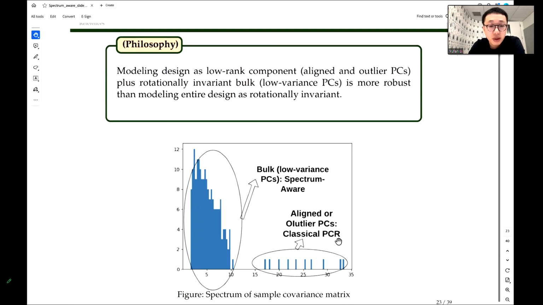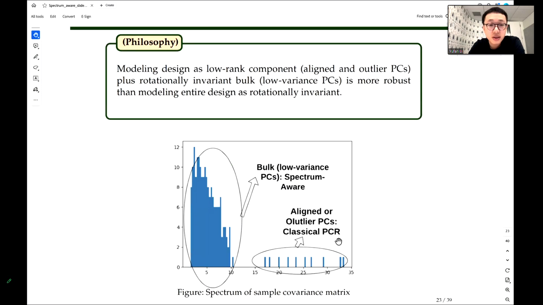The idea behind this kind of method is really a way to model the design matrix differently.